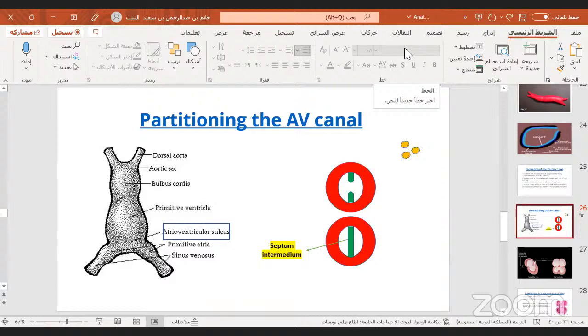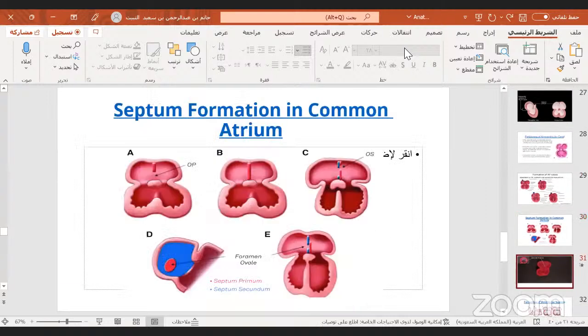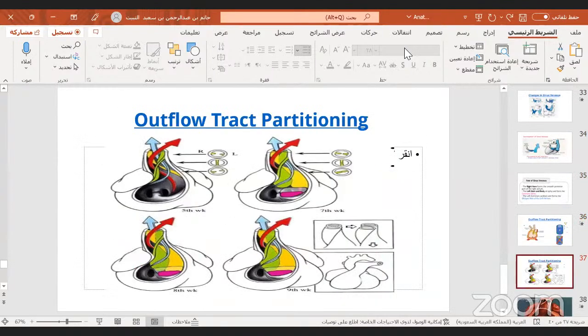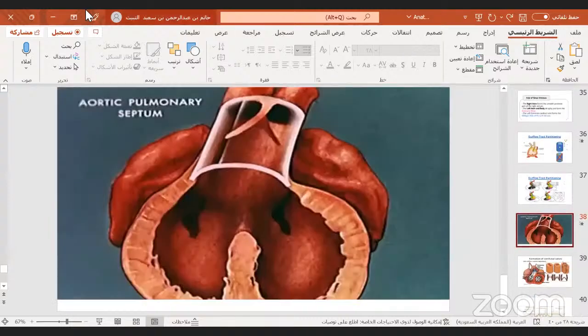One other question: the way Suha described that last animation, where there was that spiraling of the truncus, of the outflow tract partitioning.